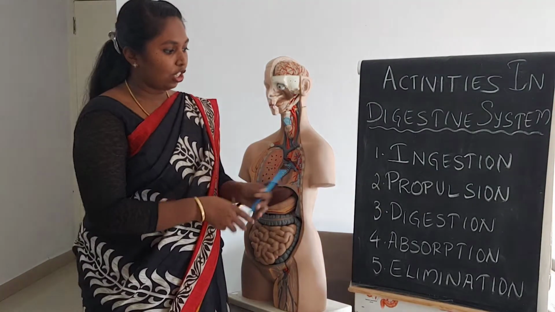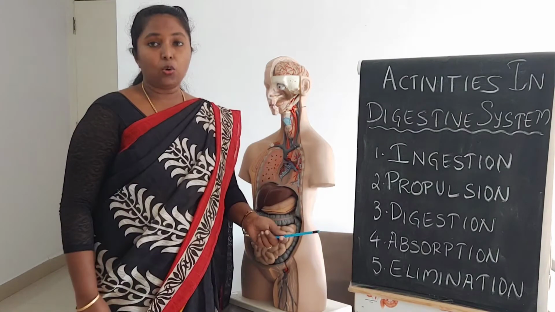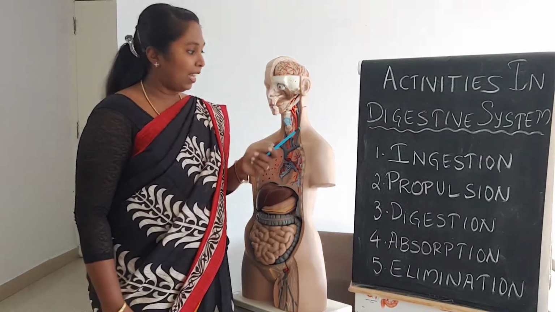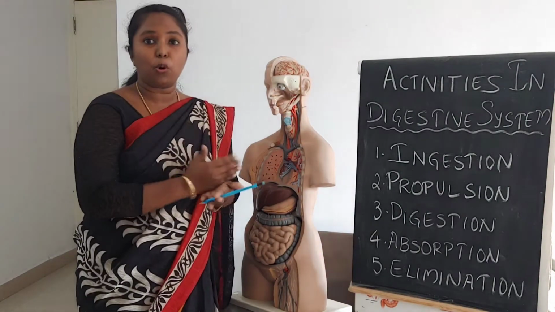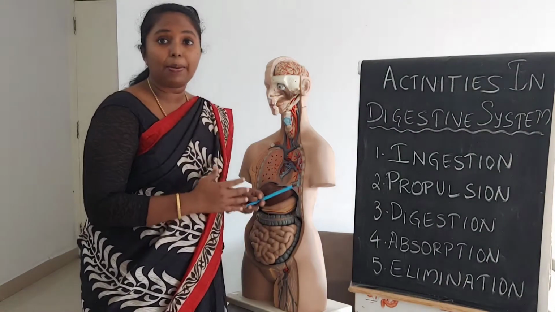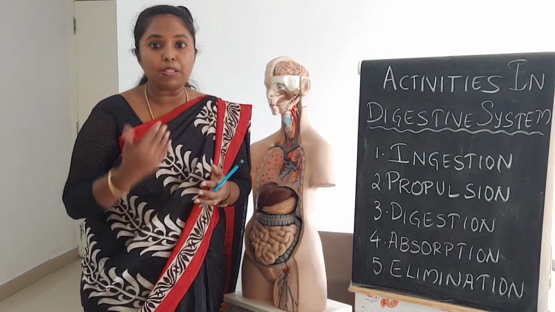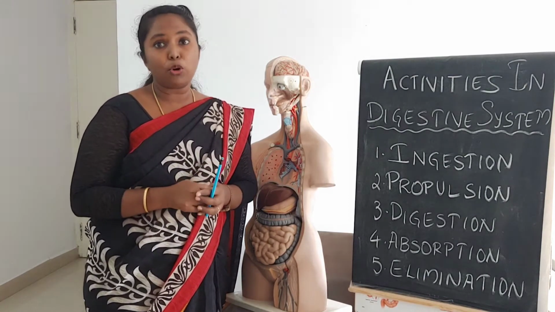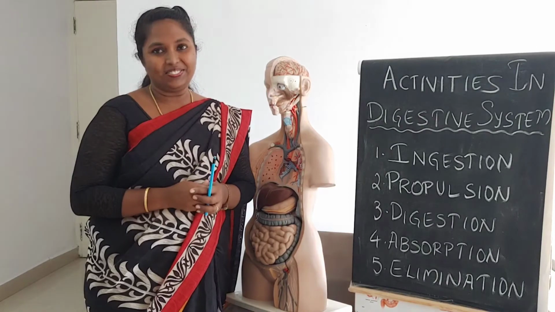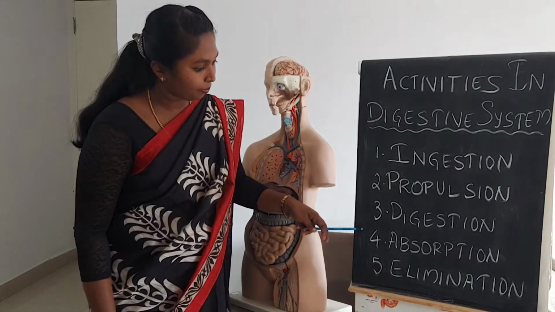So digestion is again divided into 2, mechanical breakdown and chemical digestion. In the mechanical breakdown, the food particles are broken down into smaller portions, whereas in the chemical breakdown that is happening in the stomach, the food is made into smaller portions with the help of enzymes that are produced by the glands.